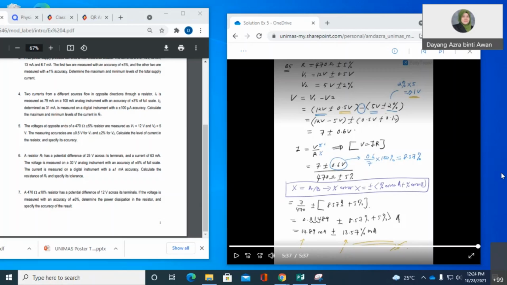For example, if you want to measure V equals IR, since you are given V, I and R, you can go directly to reduce the loss.